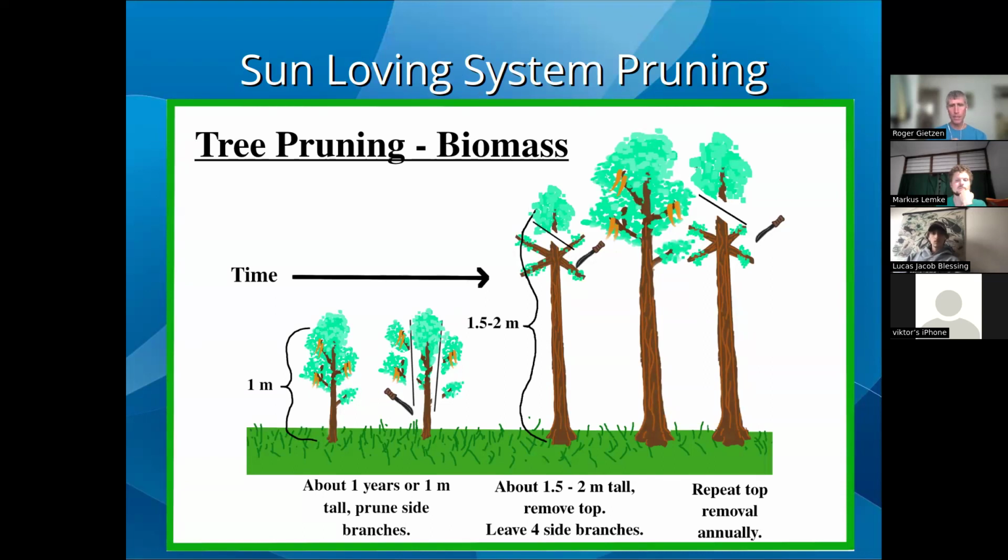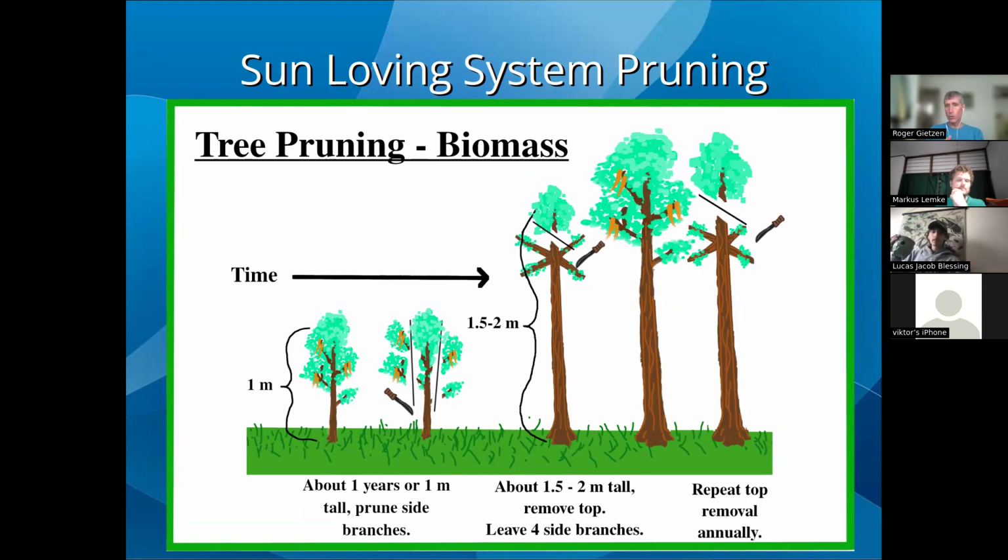There may be some slight adaptation here, but as you can see, when the tree is as young as just a meter tall, you're already going to start removing the lateral branches and encouraging this biomass tree to go up and not conflict with the things next to it. It's going to be different than in this picture.